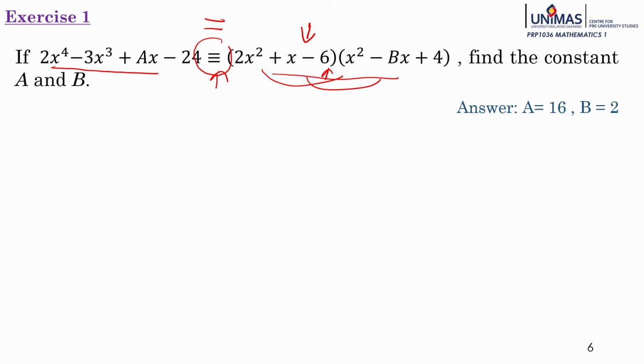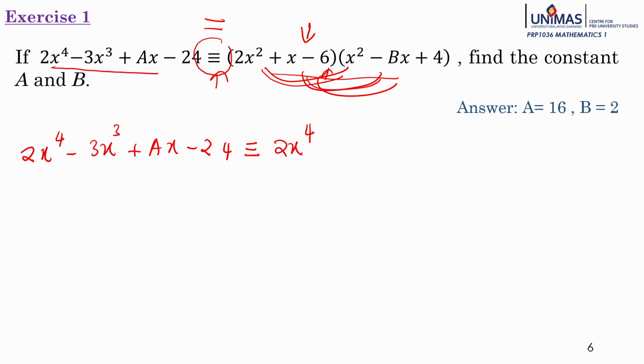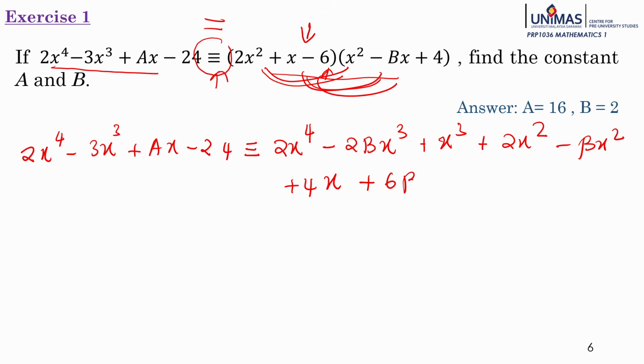When you expand, you can get 2x to the power of 4 minus 3x cubed plus ax minus 24 is equal to, and when you expand all this, you get 2x to the power of 4 minus 2bx cubed plus x cubed plus 2x squared minus bx squared plus 4x plus 6bx minus 24.